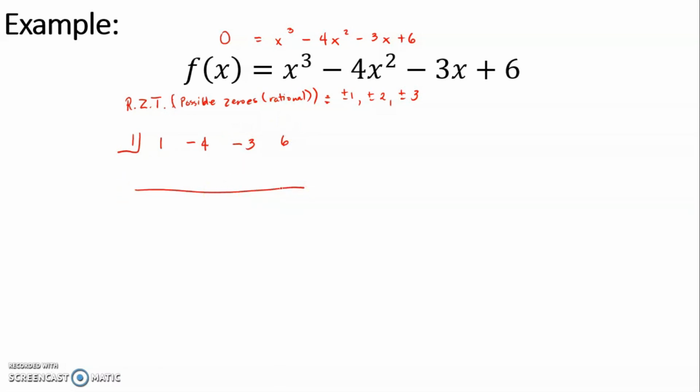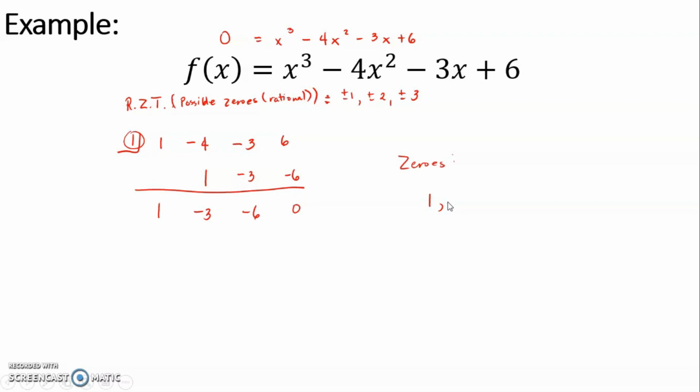I'm going to use synthetic division to verify. So this is 1. This is 1 times 1, 1, negative 3. Negative 3 times 1, negative 3. Negative 6, negative 6 times 1, negative 6. So 6 plus negative 6 is equal to 0. So in this case, we have 1 as one of the zeros of this particular function.